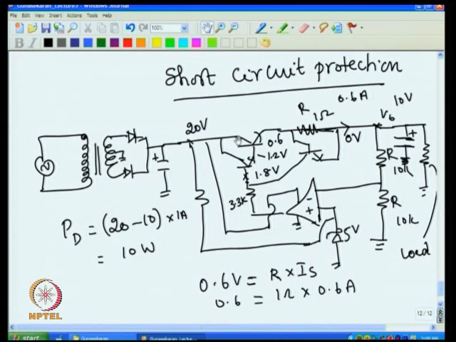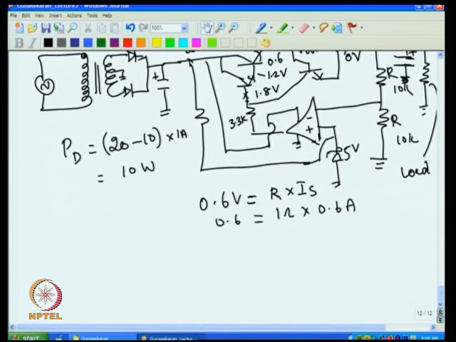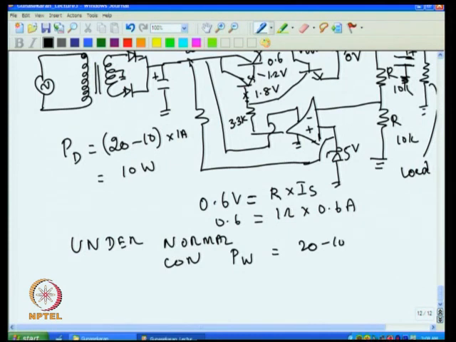So under normal condition, power dissipation is (20 minus 10) into 0.6, that is 10 into 0.6, 6 watt.